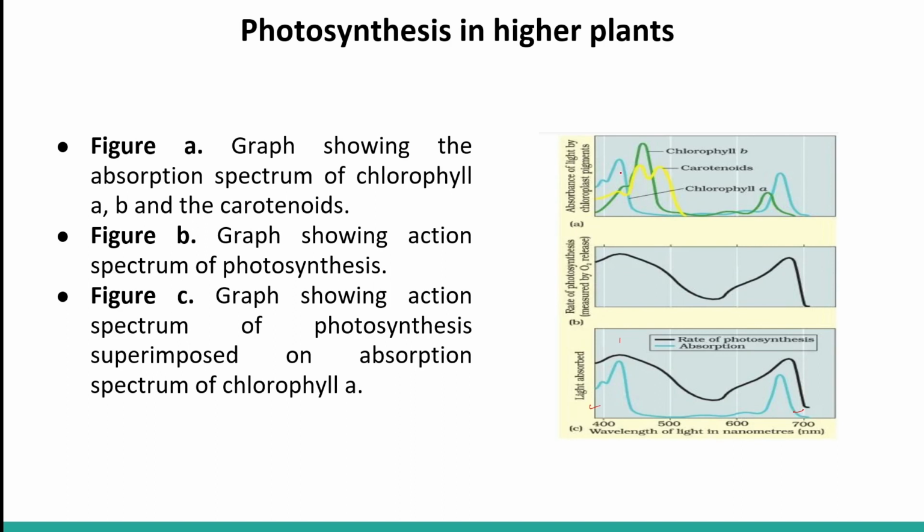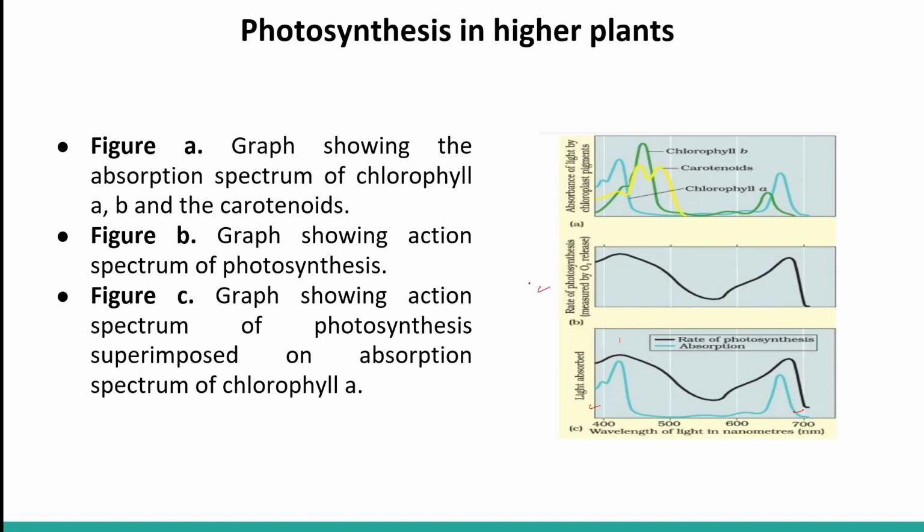So for chlorophyll A, maximum absorption takes place at 400 nanometer and at 700 nanometer. And you can see the absorption spectrum of chlorophyll B and carotenoids also. Chlorophyll B's absorption spectrum is similar to chlorophyll A, and carotenoid is a bit different. It has a different color also, so the absorption spectrum is also different.